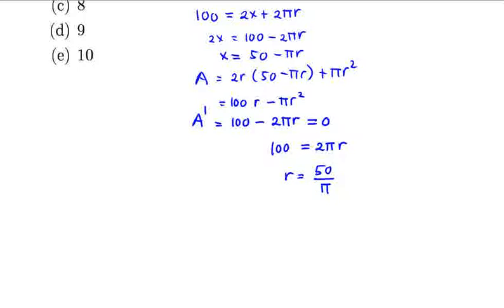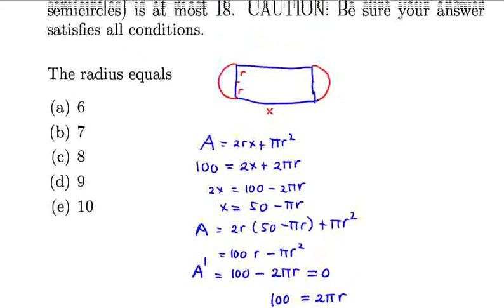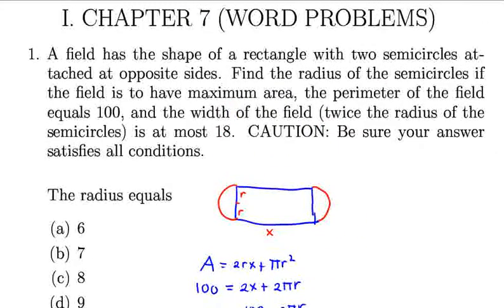Okay. Now let us look back at the problem. Here the problem says that twice the radius of the semicircle is at most 18.